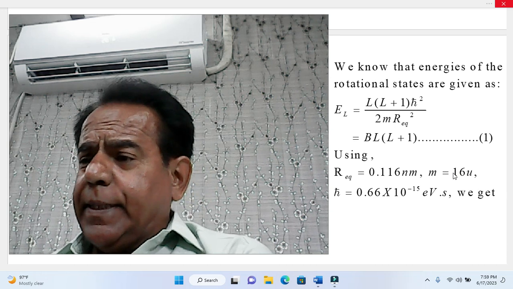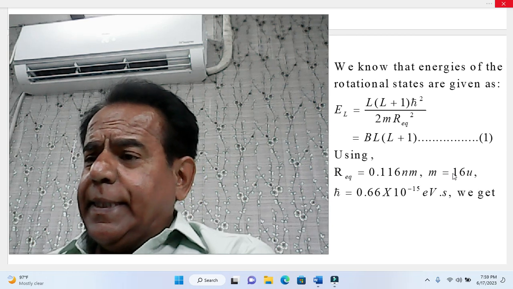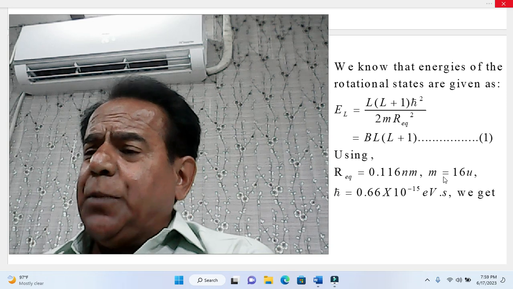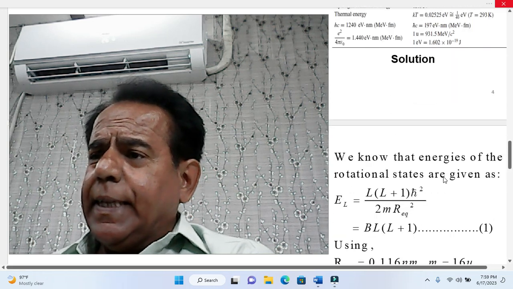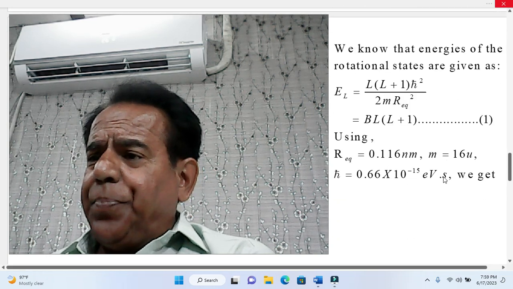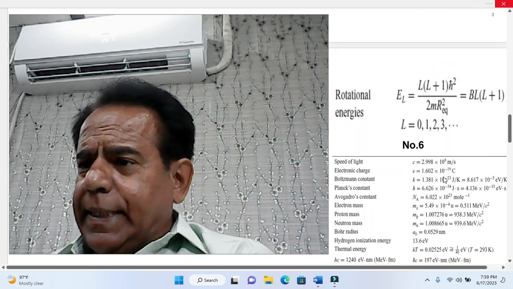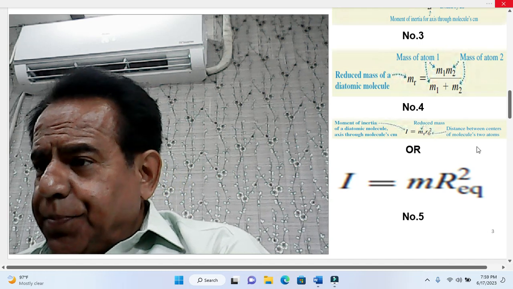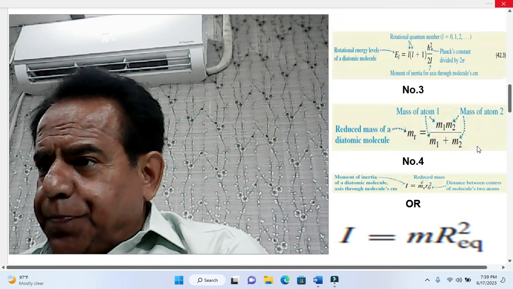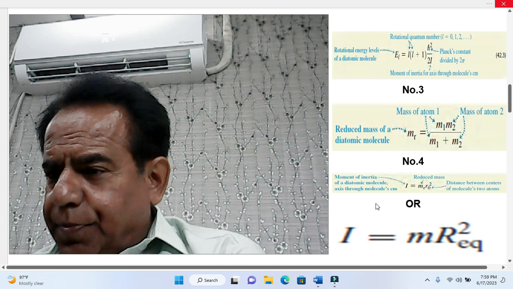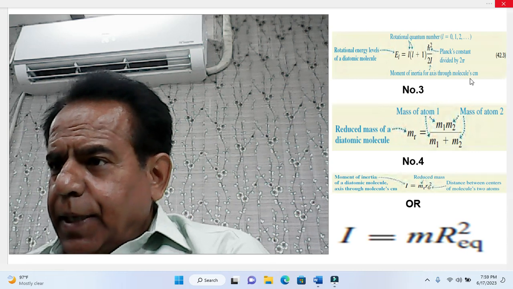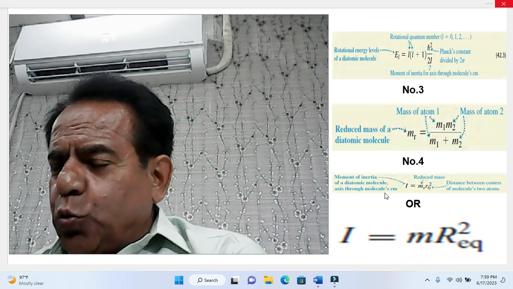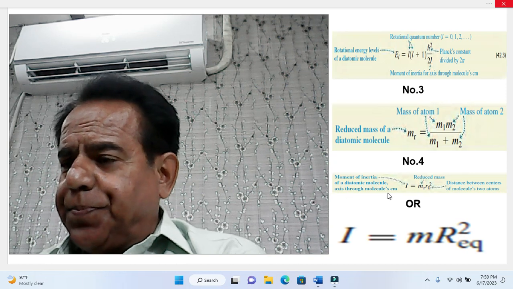Actually, dear students, this M is of oxygen, because as per our previous understanding, it is written as the axis through the molecule's center of mass.